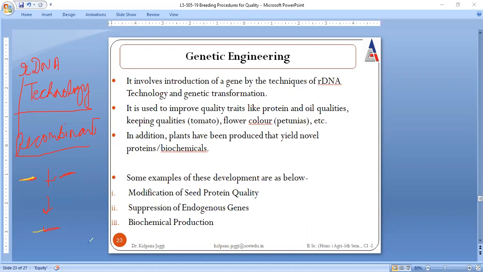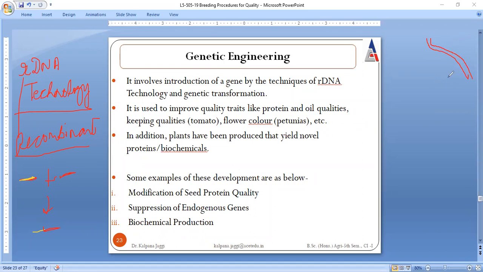Before I actually enter into genetic engineering, let's go through recombinant DNA technology. Actually, what happens in recombinant DNA technology is that we have a source of the DNA.